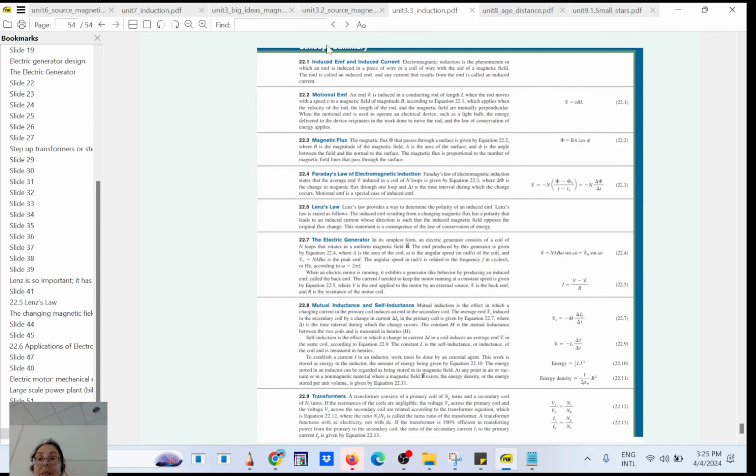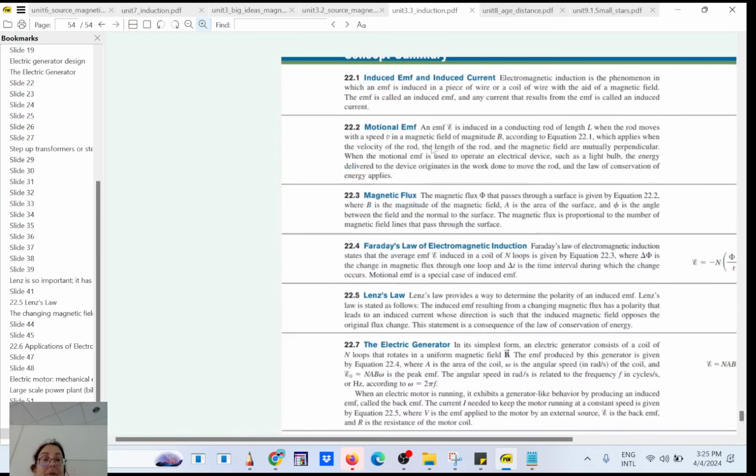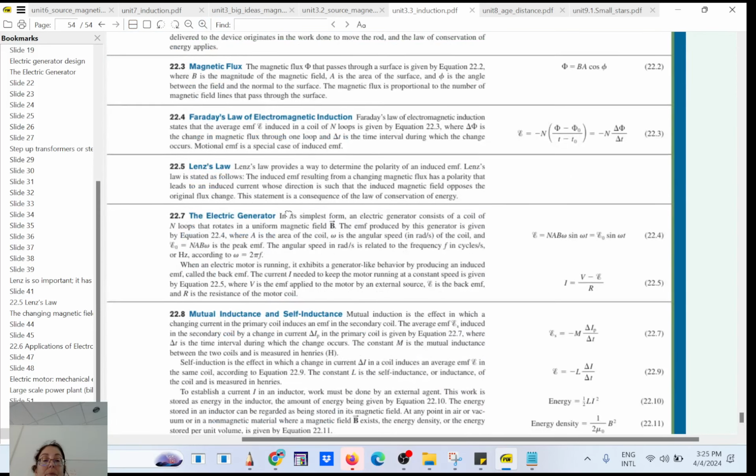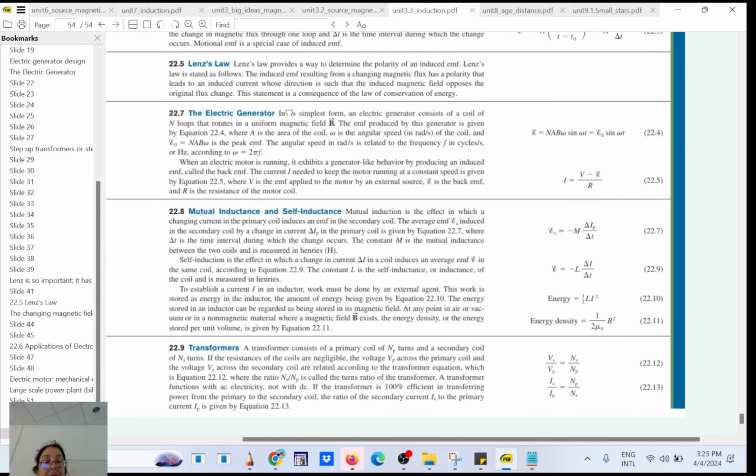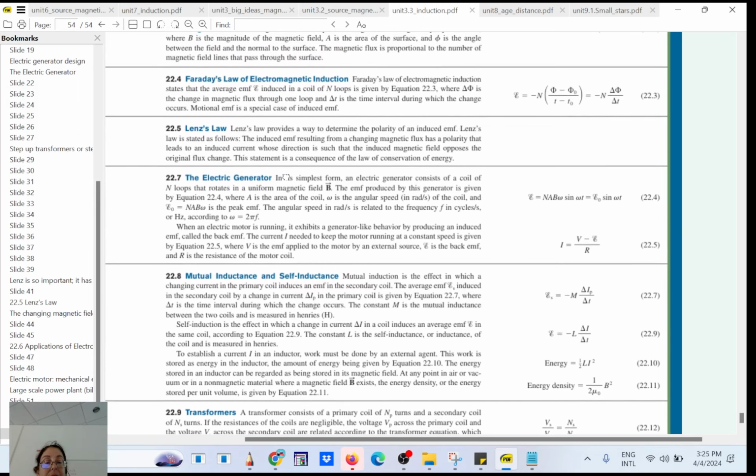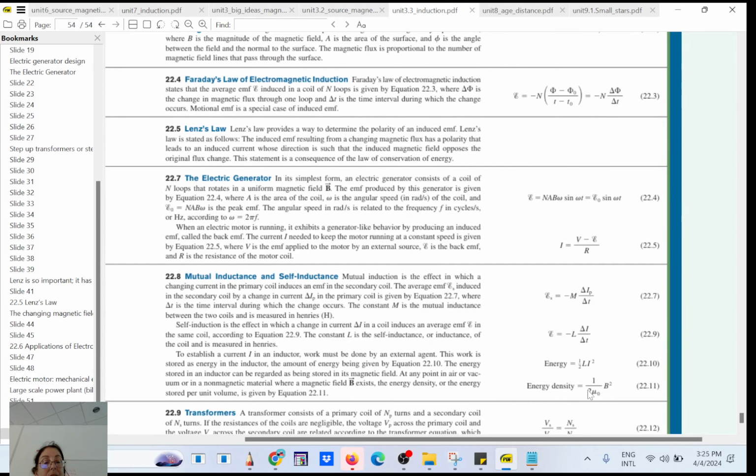And here you see, I have all the equations that come from your book, Johnson and Cutnell, and you have a summary of everything. The thing I didn't cover, but I think it's coming next in the unit, is that you have energy stored inside the magnetic field.